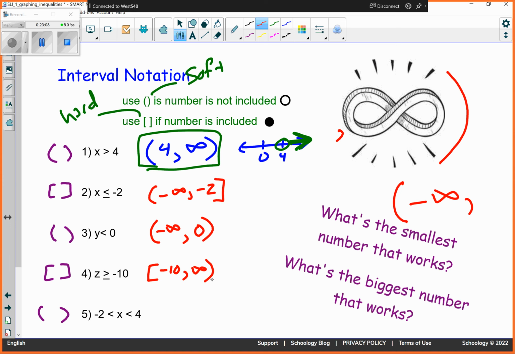Now, take a look at number 5. This is the answer to number 5. This is not a plot point. What I mean by that is perhaps in your science class, they'll say, plot the point 5, 7.